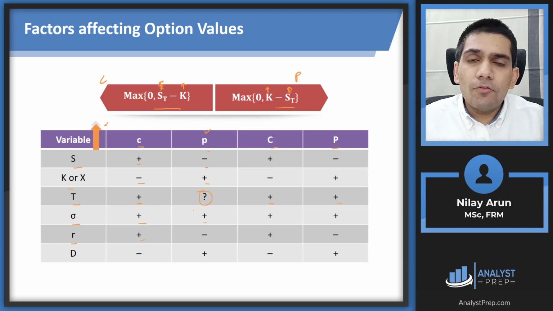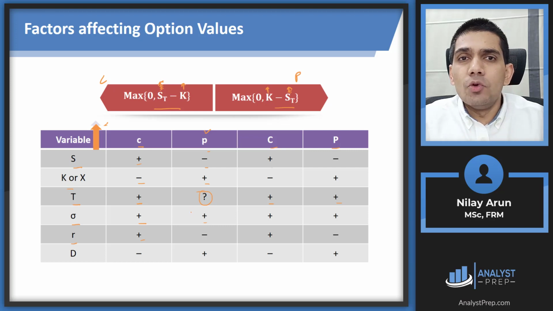So if the rates were to go up, then you would have been able to earn a higher rate of return because you already had the cash. But because you went in for a put option, you did not sell the stock right now. You're going to sell it after again 3 months, 6 months, or a year. So you've deferred the cash inflow. Money you were supposed to receive today is now being received after a certain period of time. So if the rate was to go up, then you're actually losing money there.